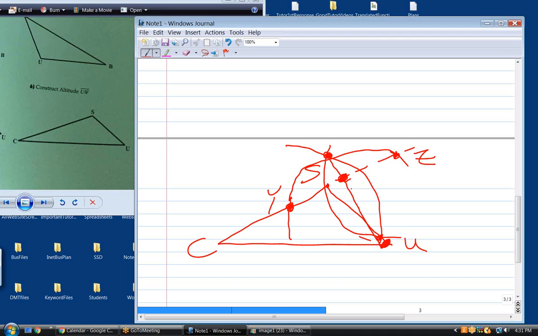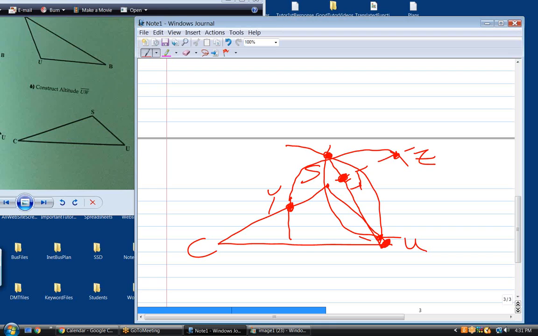And it's also an altitude, because by your geometry theorem, when you bisect, when those two are equal, that is an altitude. It's a perpendicular bisector is what it is. What we drew was a perpendicular bisector. Okay.